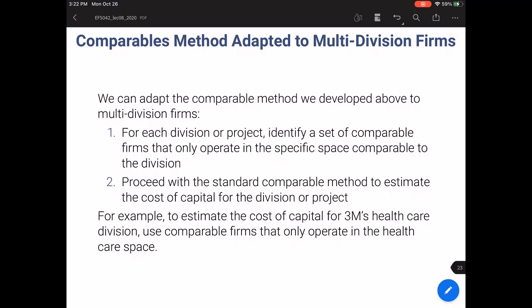This average can be asset level based. So if you know the asset distribution across these multiple segments, you can weight your betas in that fashion, right?